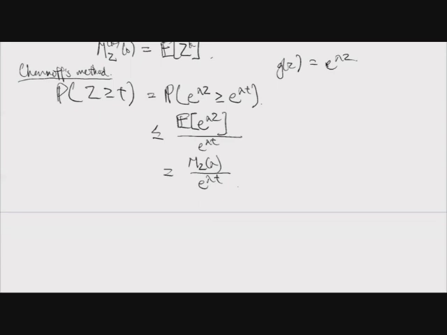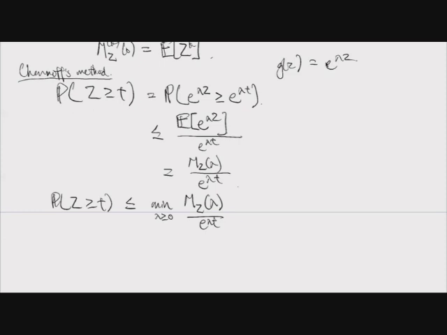Okay, so what we really have is that P of z being bigger than or equal to t is less than the minimum over all lambda bigger than or equal to 0. Okay, we still need the MGF to be finite. That's not always the case. But suppose it is, then we can put this minimum over here on the right hand side.